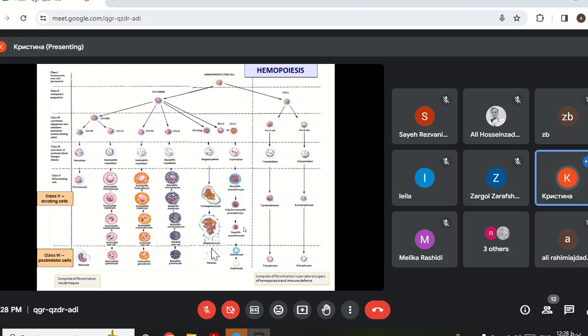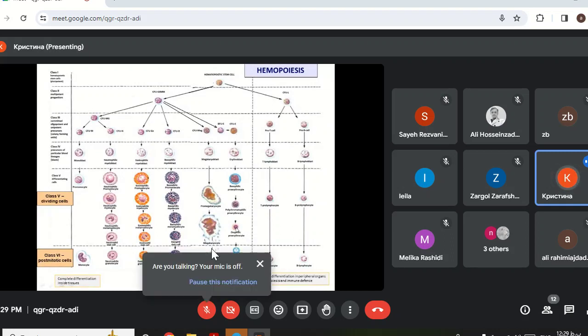So no polyribosomes, no blue color, only hemoglobin with red color. And this is why this cell has oxyphilic cytoplasm, which gives the name to the cell, oxyphilic proerythrocyte. Next, the cell nucleus goes out from the cell, and we have reticulocyte and then erythrocyte.